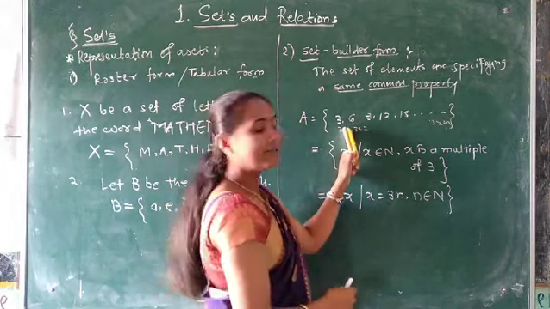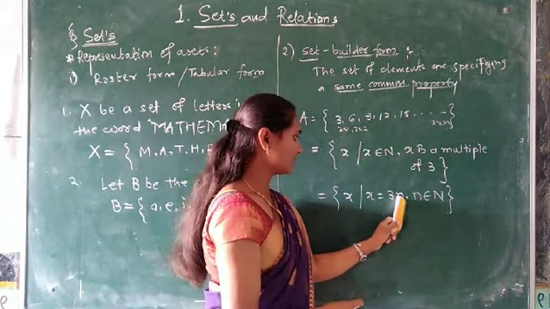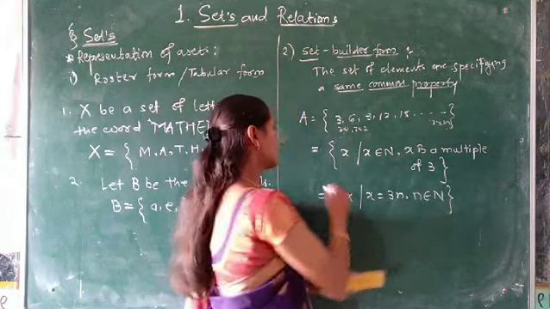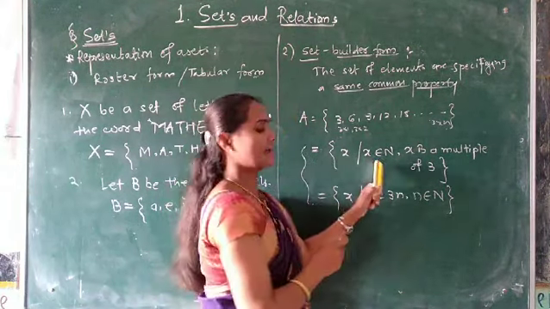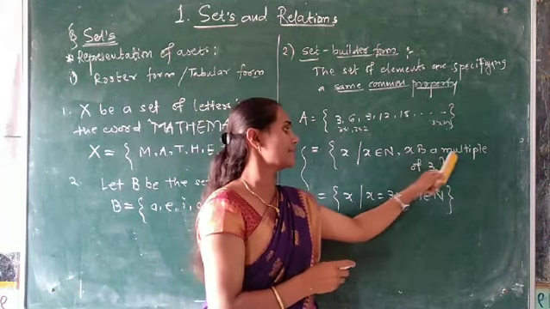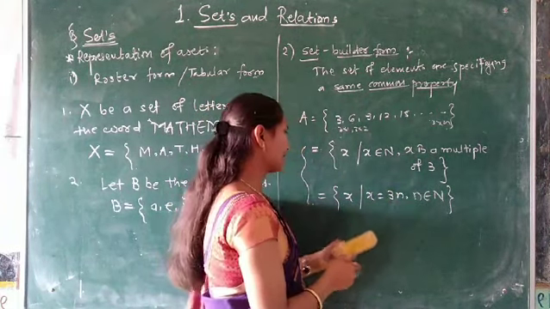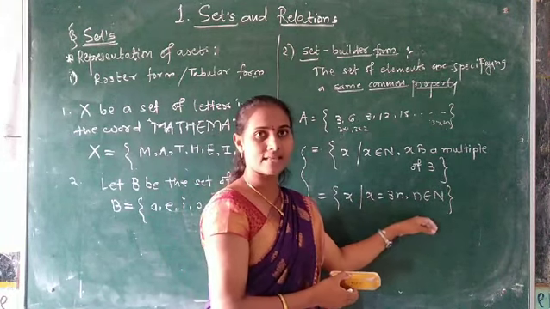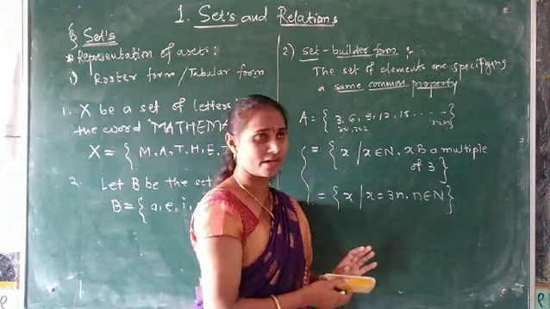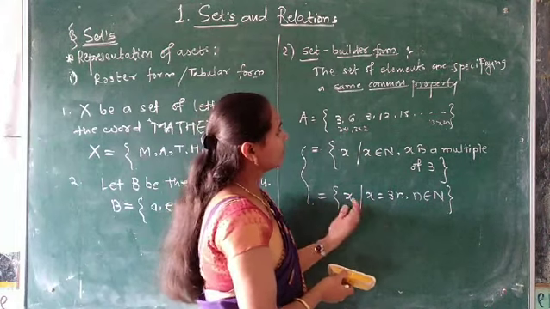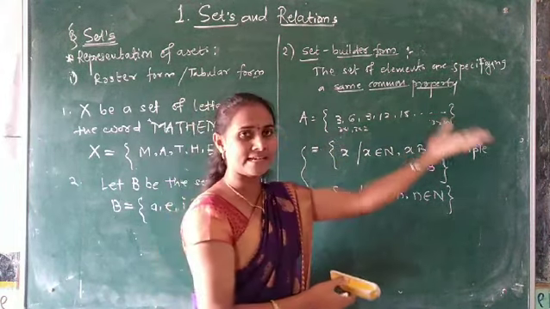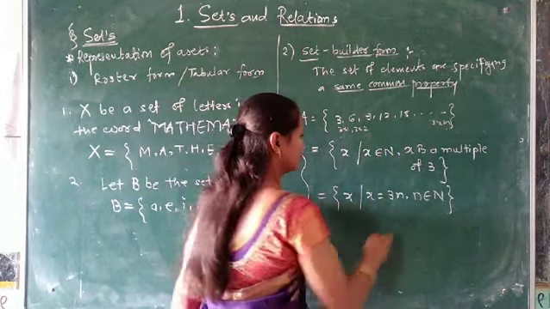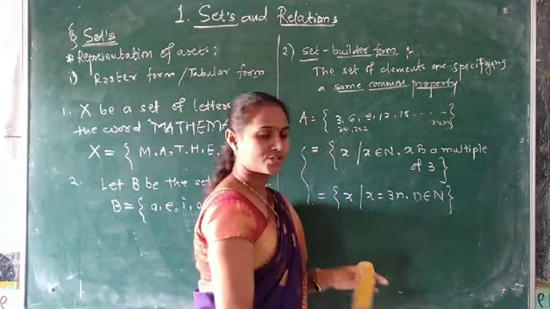So n belongs to natural numbers. We can write in both ways: X such that X belongs to N and X is a multiple of 3, or in the second way X such that X is equal to 3n and n belongs to natural numbers. Here we can't apply any condition because this set is an infinite set, because the last value we can't determine. So here we write only n belongs to natural numbers.